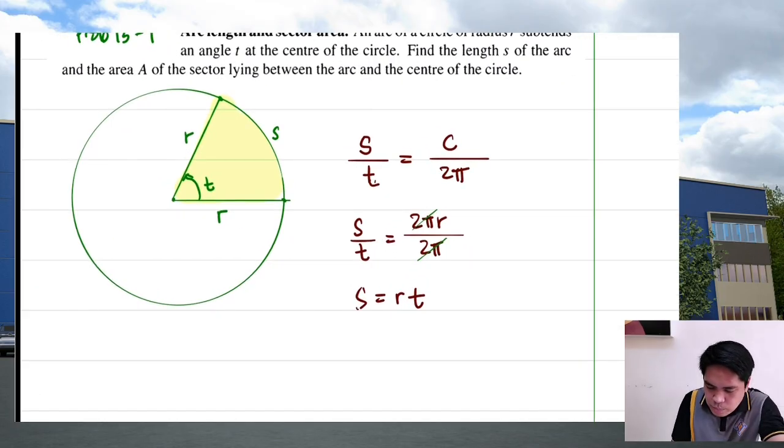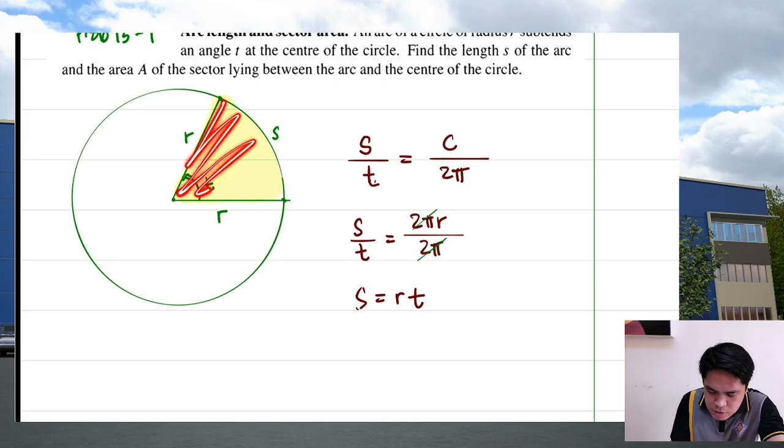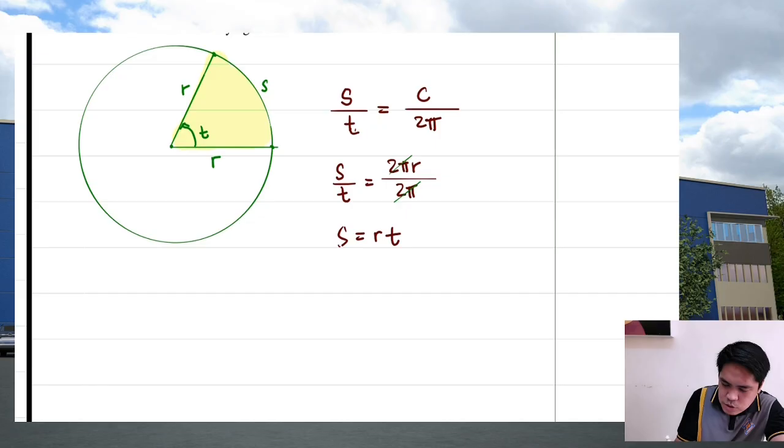We will compare this portion to the whole area. Okay? So we will compare this area to the area of the whole circle. So we'll do the same proportions.